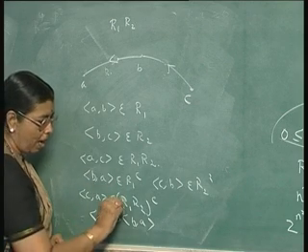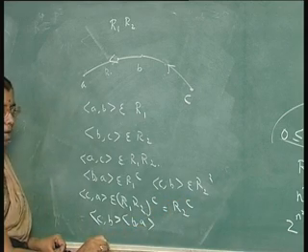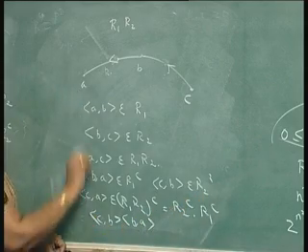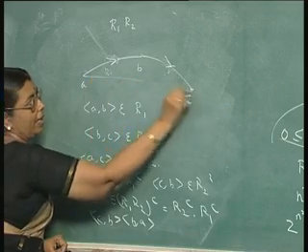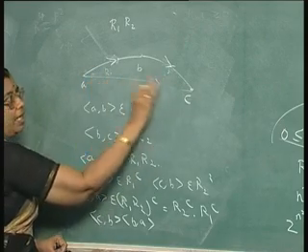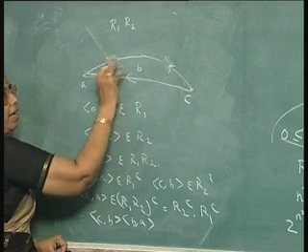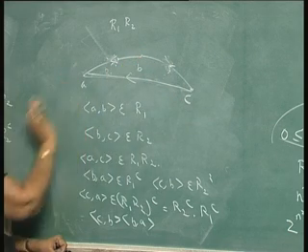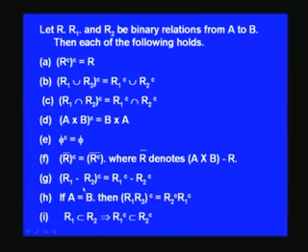So, you get that (R1 R2)^C you can get by applying the composition operation on R2^C and R1^C. That is, if you have these two arcs, R1 R2 will contain this arc, and when you see the converse, there will be an arc from here to here, and that you can obtain like this, that is R2^C first and then R1^C. The last one is: if R1 is contained in R2, then R1^C is contained in R2^C.